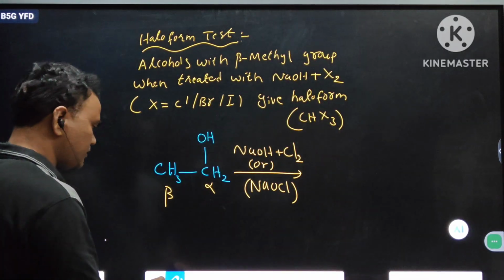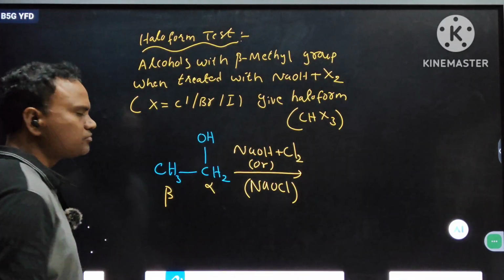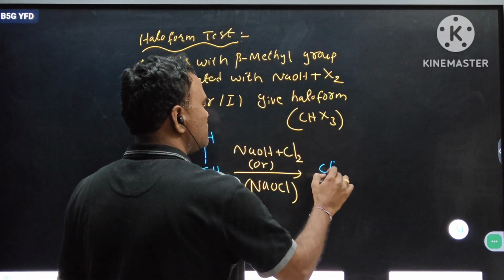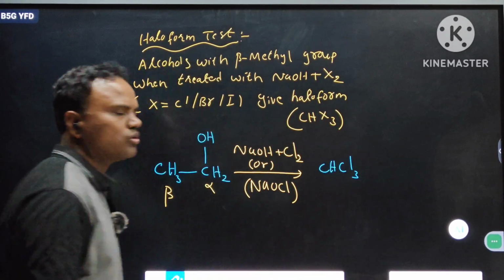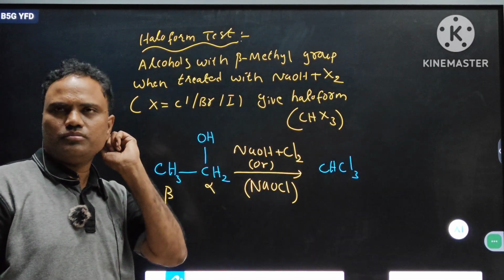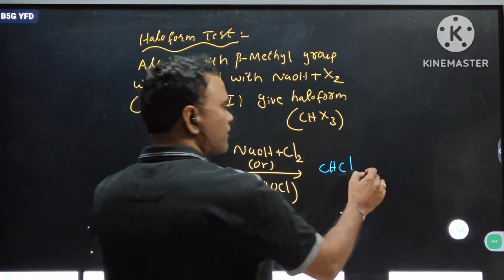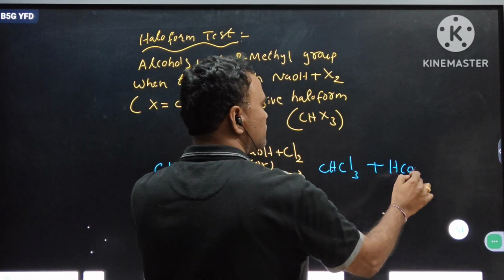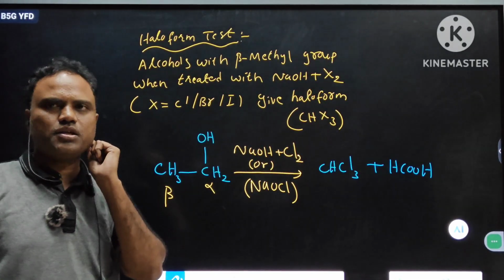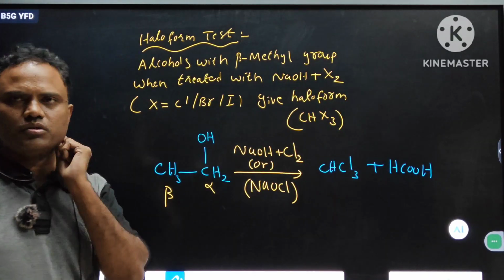Then what we will get? CHCl3, chloroform. You are taking chlorine, so you will get chloroform and HCOOH, formic acid. I'll explain the mechanism also.